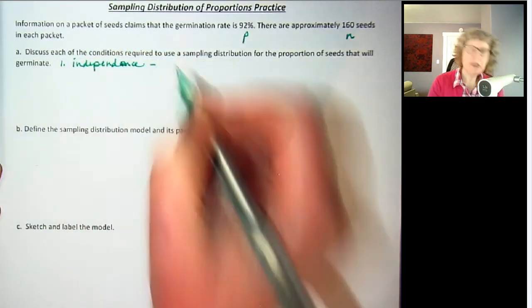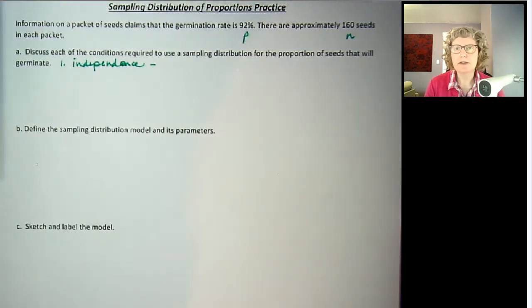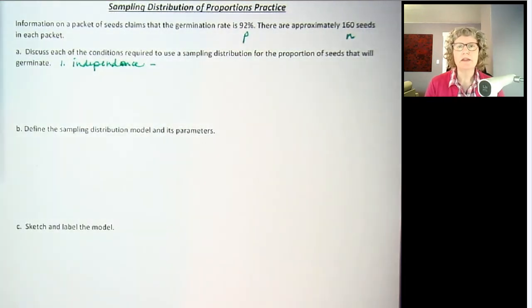Okay, what would we need for our seeds to be independent from each other in terms of germination rate? Well, we don't know exactly what kind of seeds these are. Are they flowers? Are they tomatoes? Are they peppers? But it seems like if all of the seeds came from one particular plant, then they might not be independent of each other.